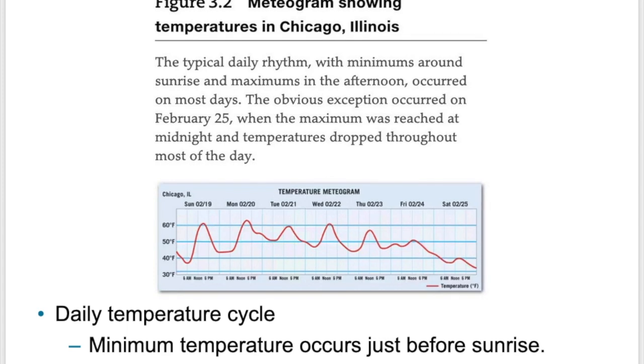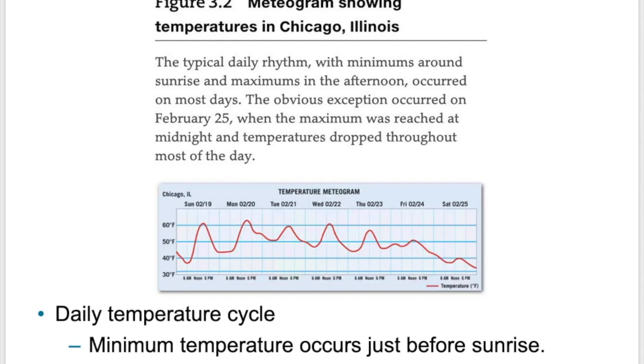Now let's look at the cycles of air temperature. You know from experience that a rhythmic rise and fall of air temperature occurs almost every day. Here we could see the minimum temperatures occur just before sunrise, and the maximum temperature occurs mid to late afternoon.